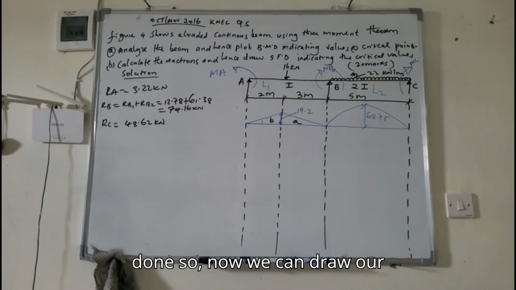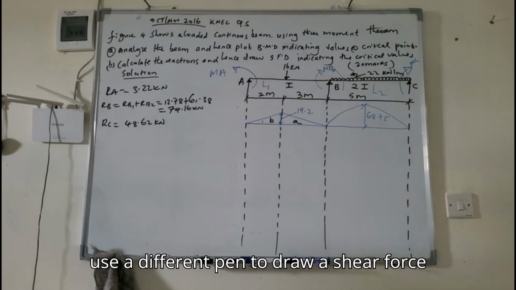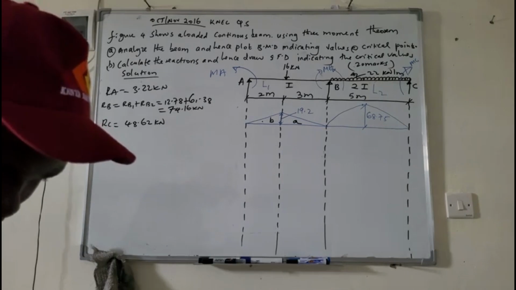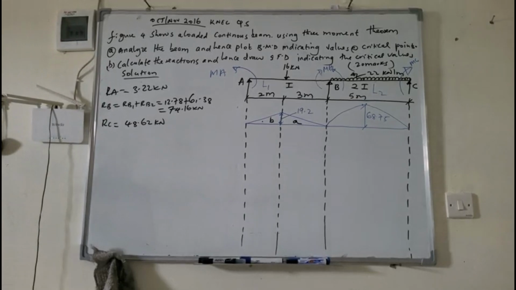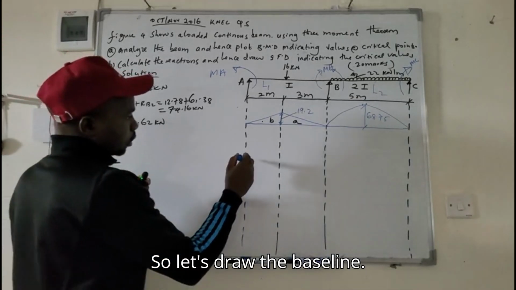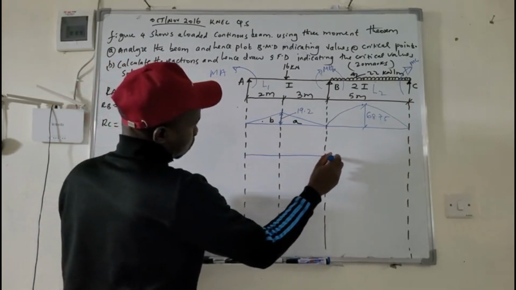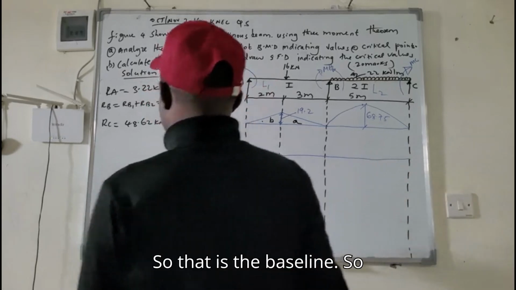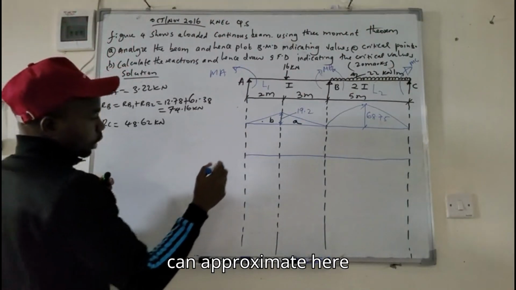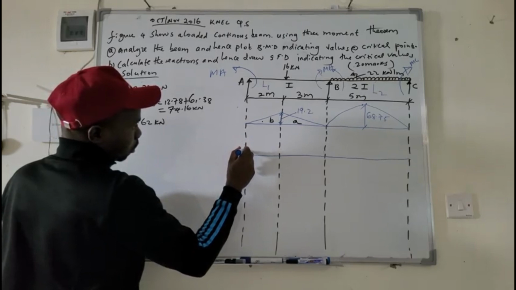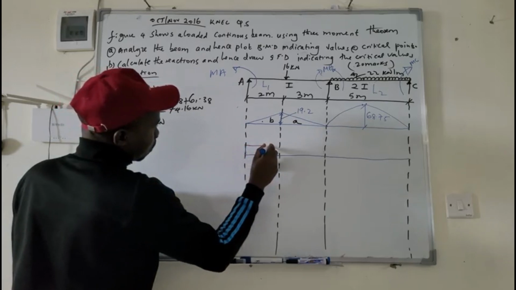Having done so, now we can draw our shear force diagram. So let me use a different pen to draw a shear force diagram. So let's draw the baseline. So that is the baseline. So RA is 3.22. You can approximate here from the baseline to 3.22, somewhere like that.